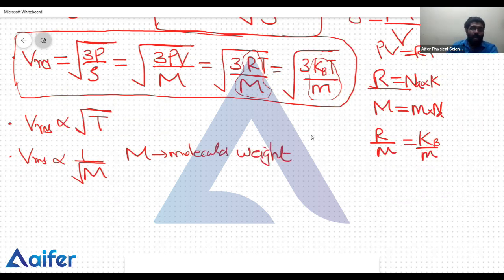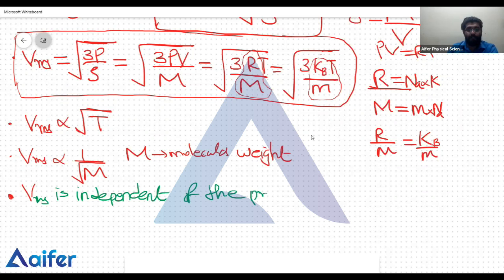One important point you should keep in mind: VRMS is independent of the pressure of the gas at constant temperature.